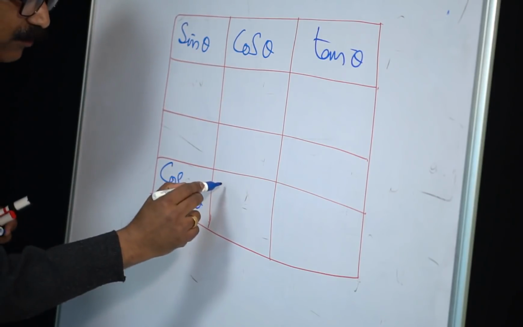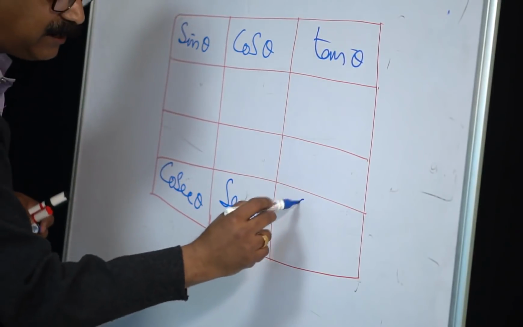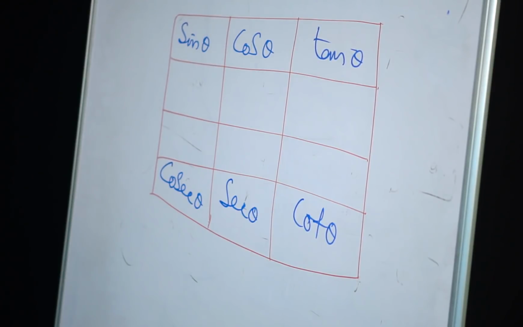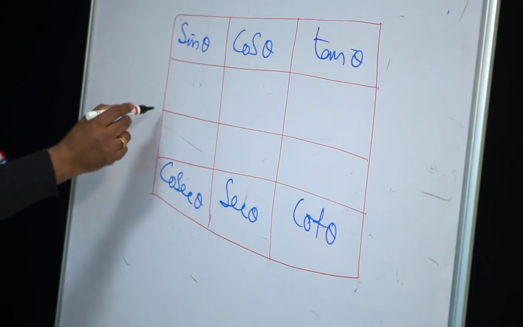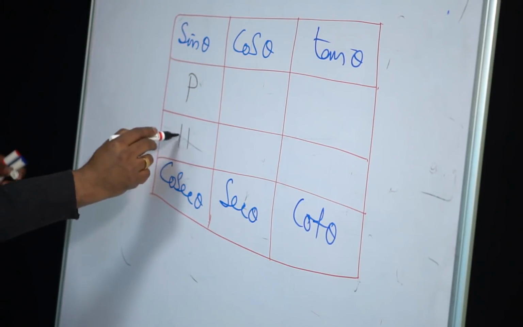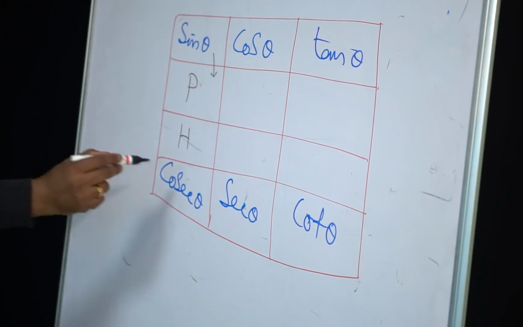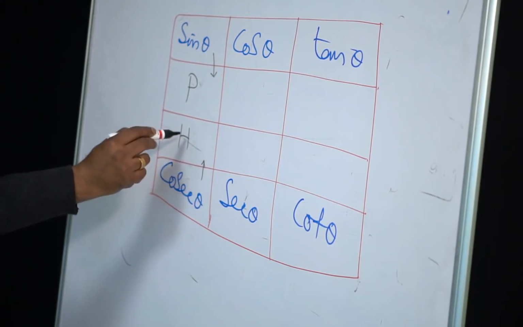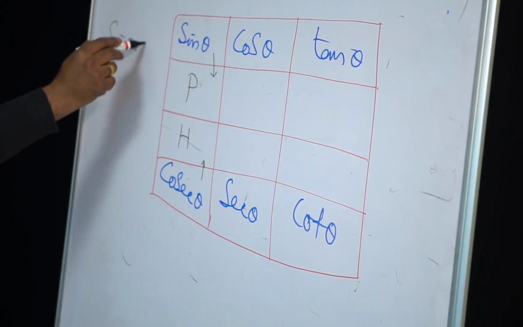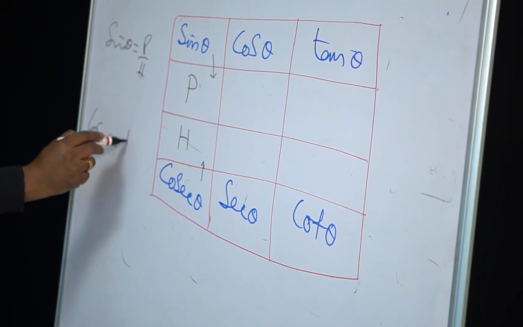Here the reciprocal of cos, sec theta. Correct? Reciprocal of tan, cot theta. Now we have to write their ratios. See, this indicates by the arrow. So sine is P by H. Clear? If I read from this side, see the arrow, cosec theta, read from this side, hypotenuse by perpendicular. So sine theta is easily recognized as P by H, whereas cosec theta is H by P.